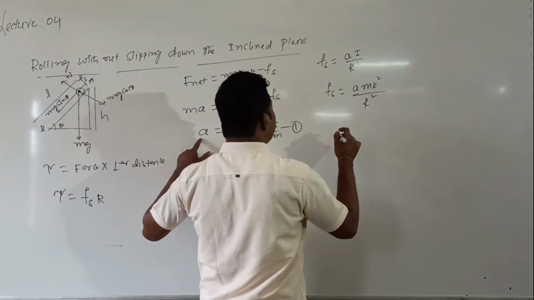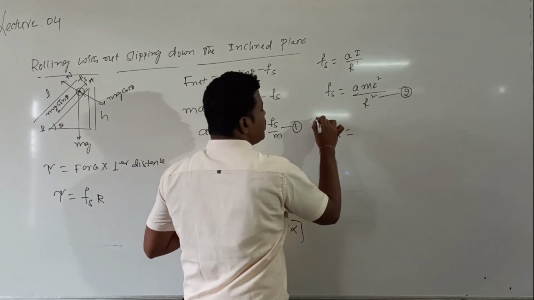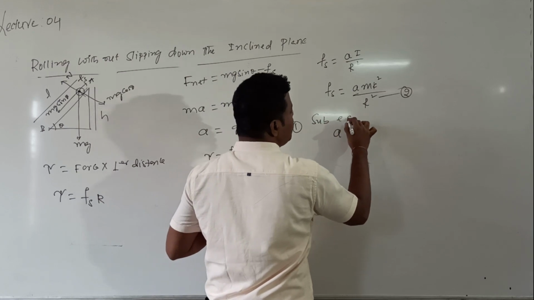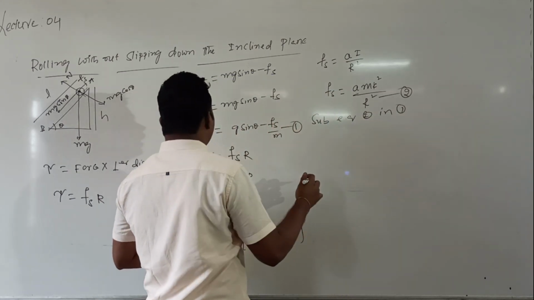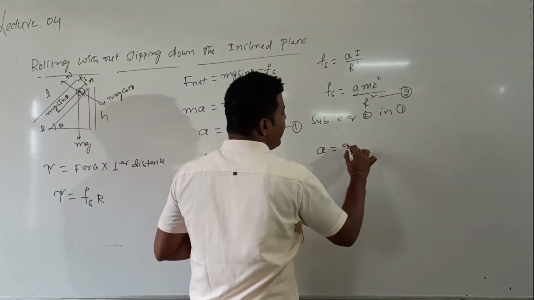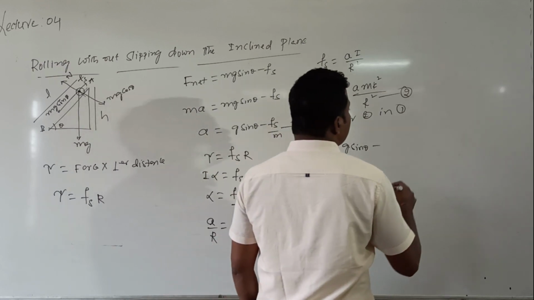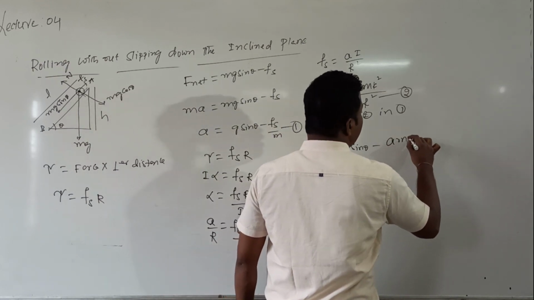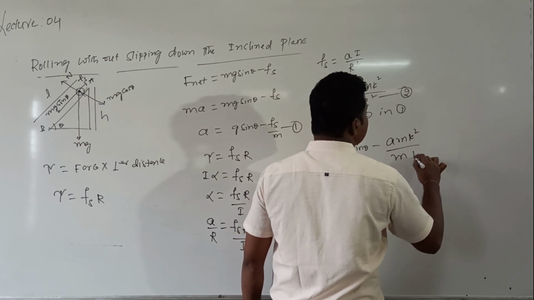So after substitution, what do I get? This is equation 2. Substitute equation 2 in 1. We will get the value of a. So what is a? a is equal to g sin theta minus Fs, which is a into M into K square divided by M into R square.